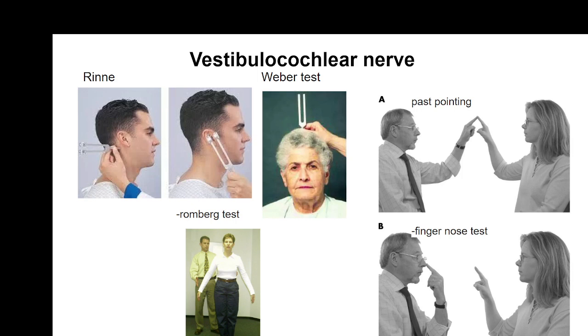Then as far as the vestibular component is concerned, the first basic test is whether the person can maintain the position against gravity or not. That's Romberg's test. Romberg's test is done by asking the patient to keep the feet close together and stand straight, then close the eyes.